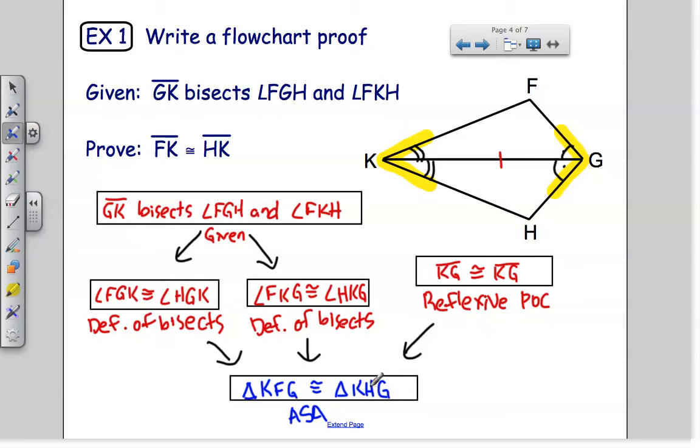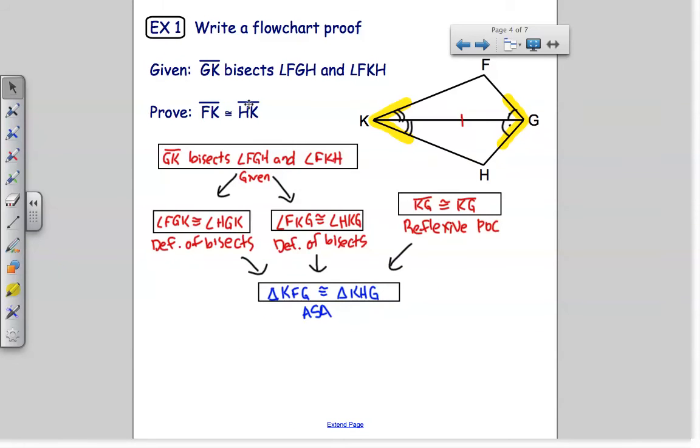Oh, but remember, we're going one step further today. I proved the triangles congruent, so now I can say what they wanted me to prove. Now FK and HK have to be congruent, because they're corresponding sides in these triangles that I know are congruent at this point. So I go one step further and say, now that those triangles are congruent, I know that any corresponding parts are congruent too.